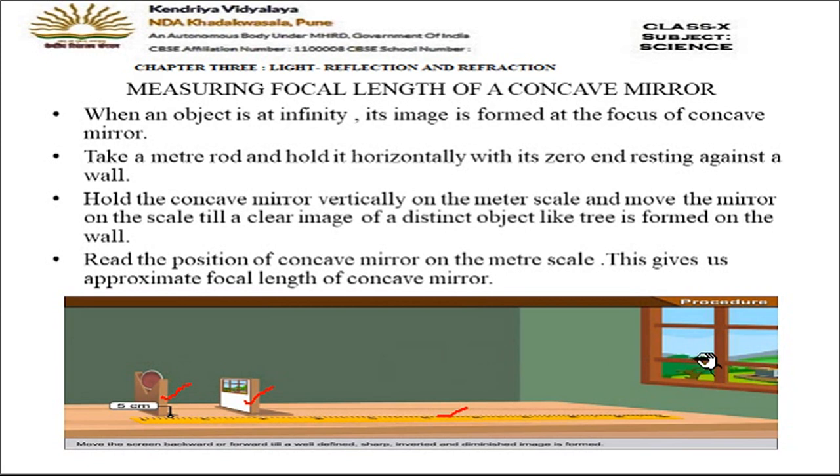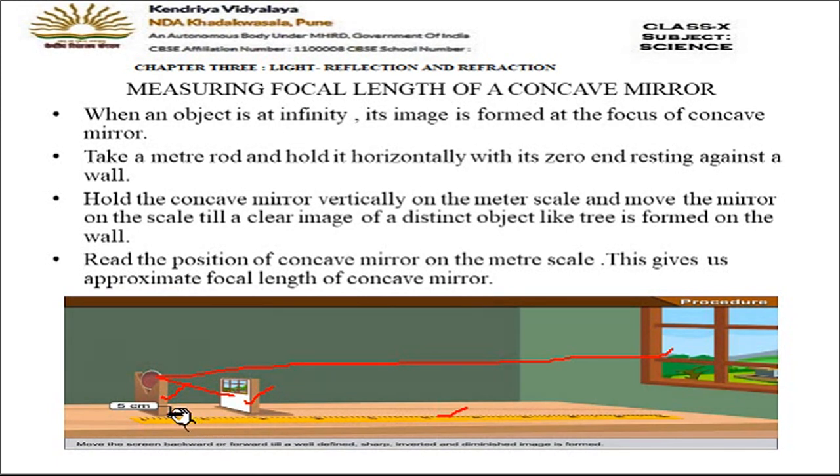So we are assuming that the objects outside the window are at infinity, and parallel rays of light will come from here and strike the mirror. When they strike the mirror, the mirror will reflect the light and the image will be seen on the screen. This will be the mechanism.